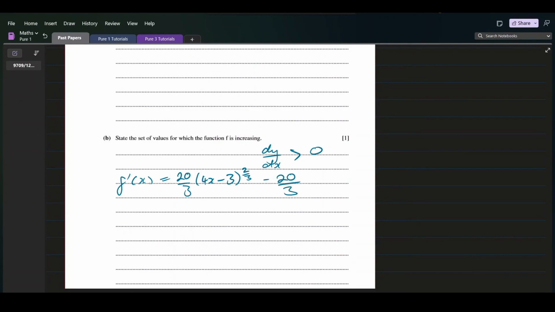And so we're saying for our function f to be an increasing function, f prime of x should be greater than 0. So we need to solve this inequality.